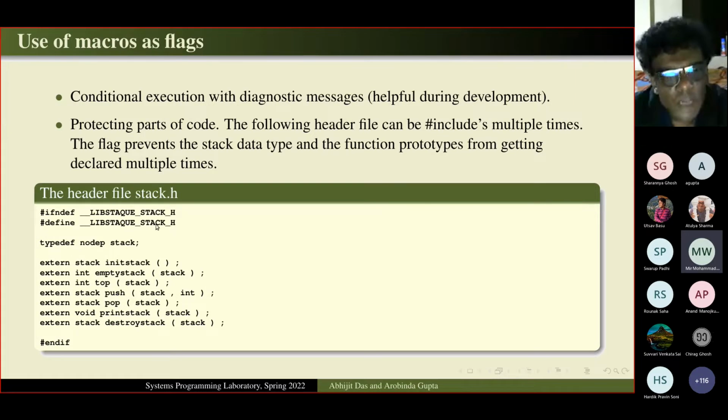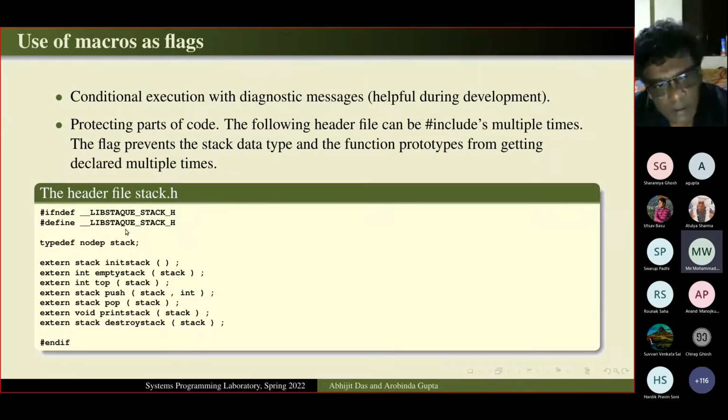So later, whenever again you want to include stack.h, it will see that this is no longer true. So it will simply skip this part, go to the endif part. So this will prevent the same header file from being included multiple times accidentally or intentionally, if you protect it this way.